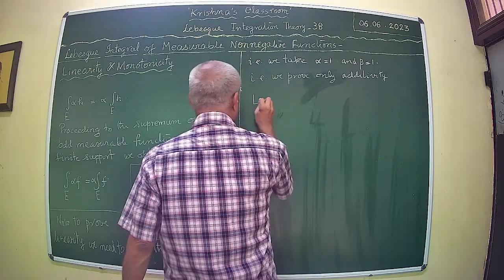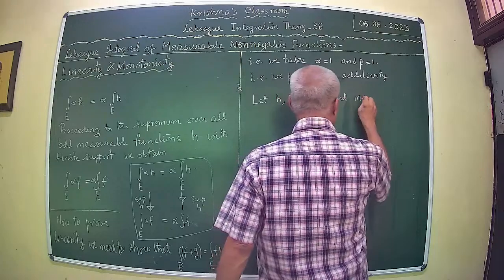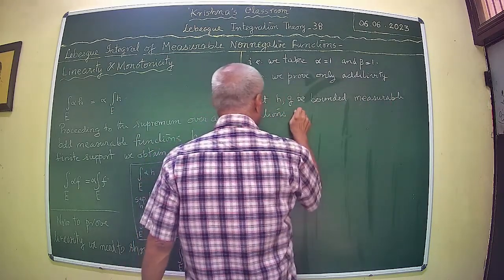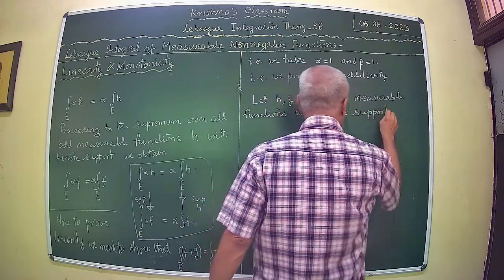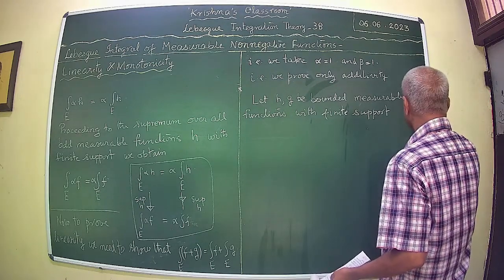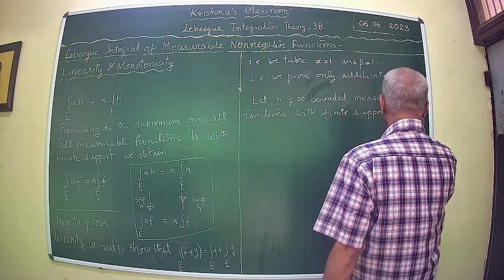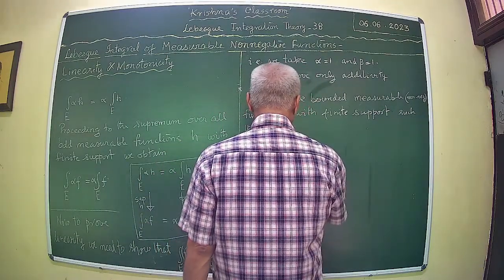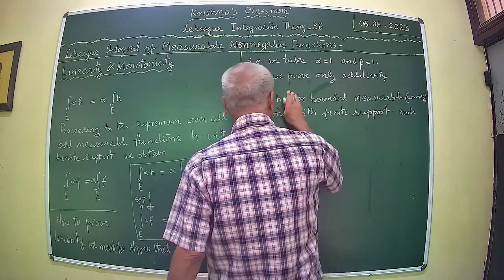Let h and k be bounded measurable functions with finite support, non-negative, such that h is less than or equal to f and k is less than or equal to g.